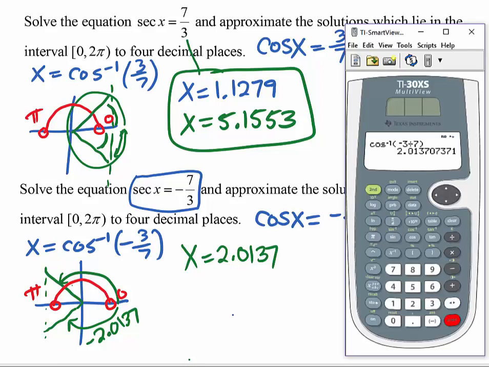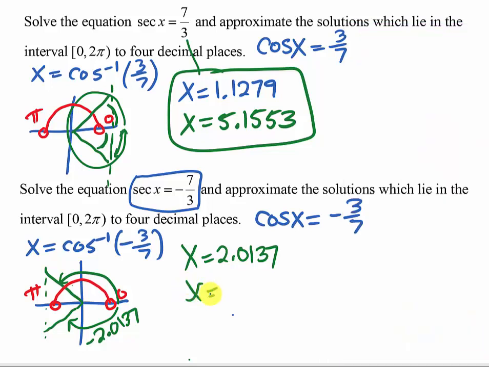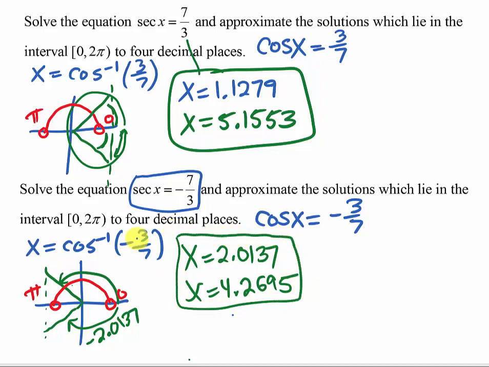So I'm going to take 2 pi, and I'm going to subtract that angle that I had in there, and I will get my second angle, which is 4.2695. So x equal 4.2695. Now, both of these angles have a cosine value of negative 3/7, and they have a secant value of negative 7 thirds.